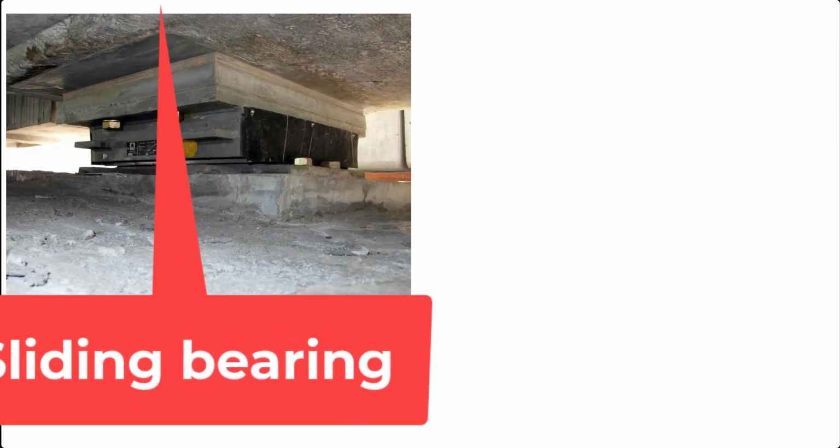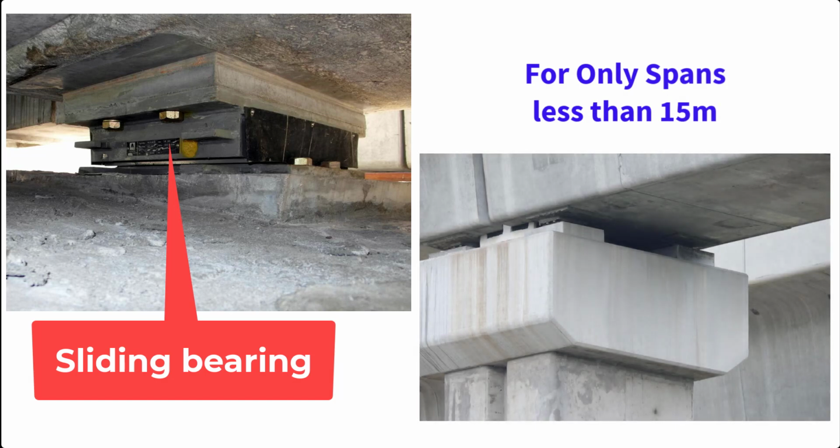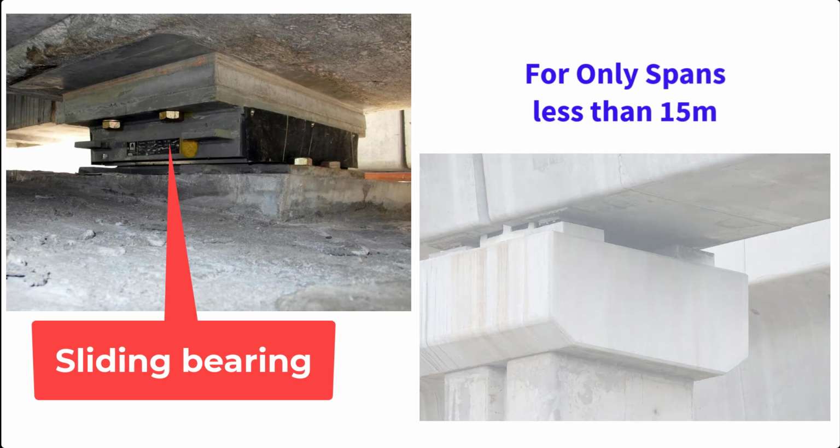There are also sliding bearings, which consist of metal plates that slide relative to each other. It is specified by AASHTO that sliding bearings cannot be used unless the bridge span is less than 15 meters. This is because sliding bearings cannot be purely used if the bridge experiences rotation movement.